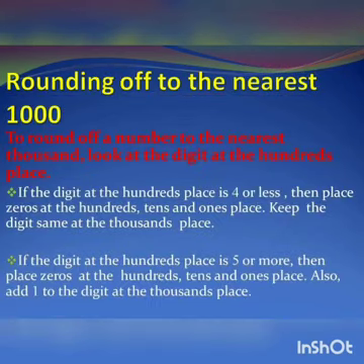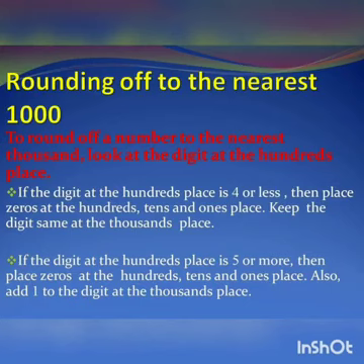Now it's time to revise rounding off to the nearest thousand. To round off a number to the nearest thousand, look at the digit at the hundreds place. If the digit at the hundreds place is 4 or less than 4, then place zeros at the hundreds, tens and ones place.